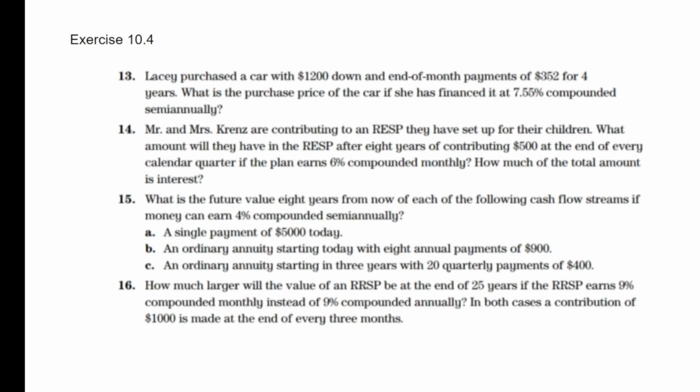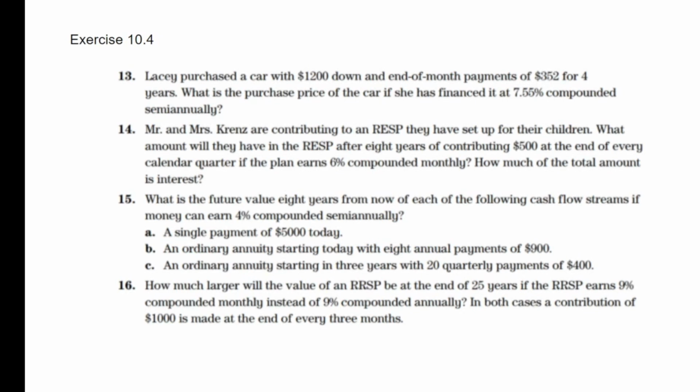So what we're doing here is running two parallel streams: 25 years at 9% compounded monthly, and in the second stream, 9% compounded annually. So two different setups for interest.